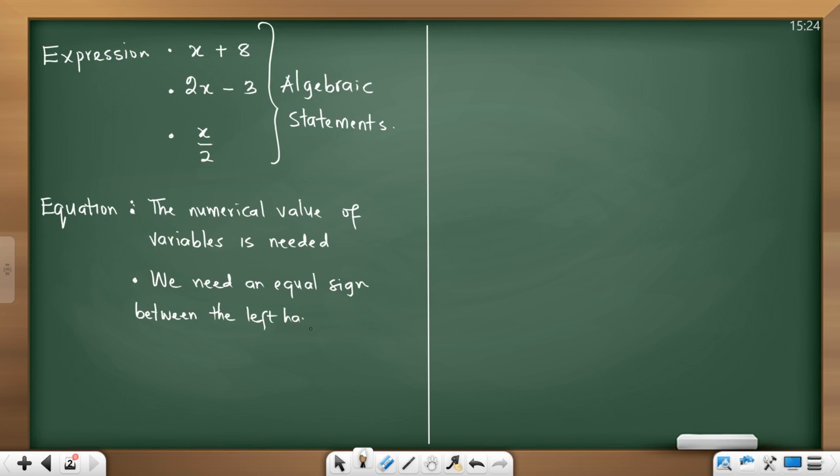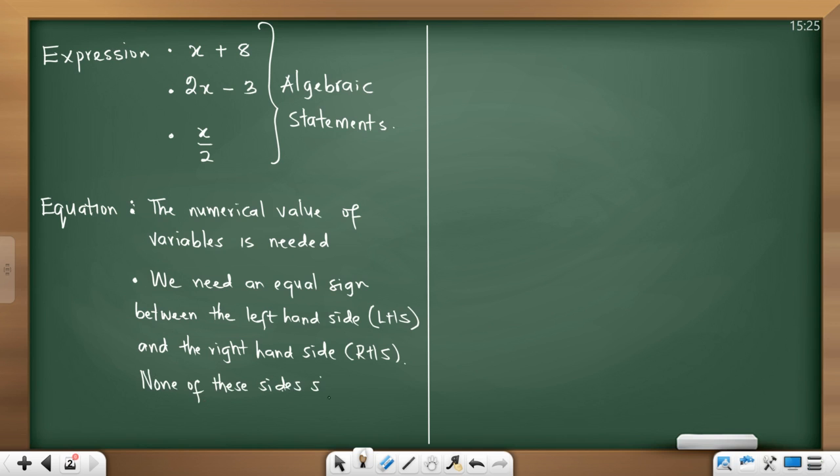Between the left hand side, which is LHS, and the right hand side, can we call that RHS? None of these sides should be empty.